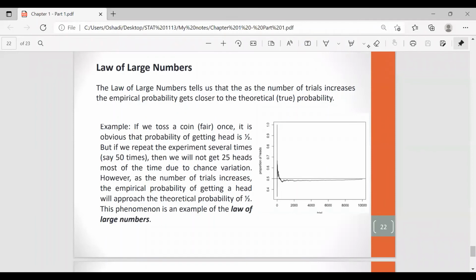For example, if we toss a fair coin once, it is obvious that the probability of getting head is half.